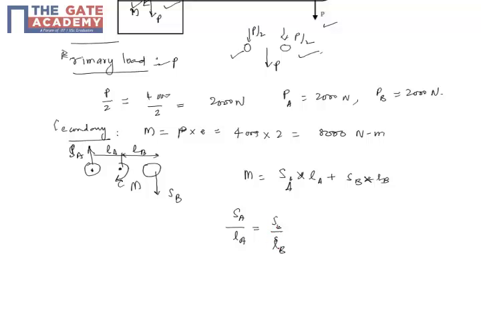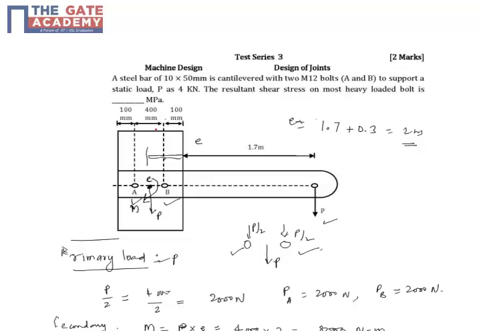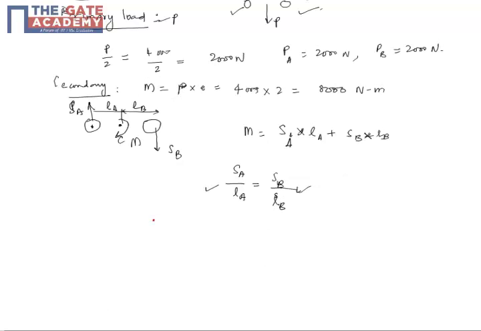We make this assumption because otherwise from one equation you will not be able to find SA and SB. But remember that LA and LB are both the same and equal to 200 mm, that is 0.2 meters.